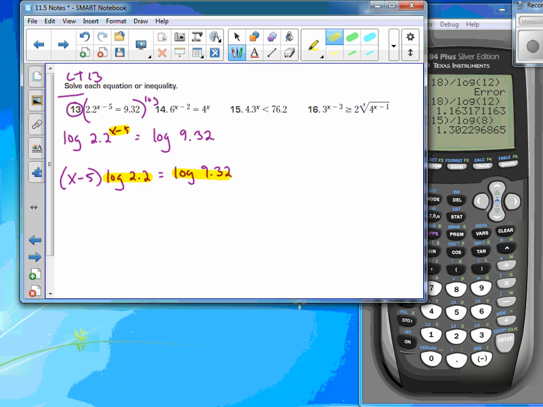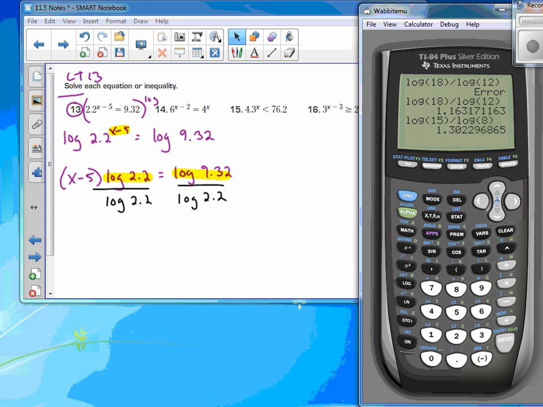So what we're going to do is divide by log of 2.2 so I can get the x minus 5 by itself. So in the calculator, I've got log of 9.32 divided by the log of 2.2, and I get 2.831.